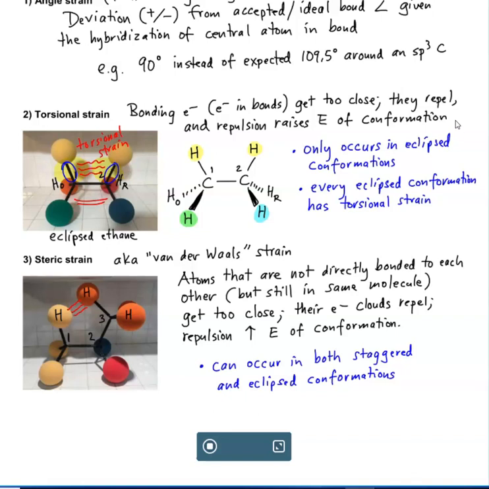So we're going to take this information in the next video and apply it to a conformational analysis of ethane, and then we'll move along from there.